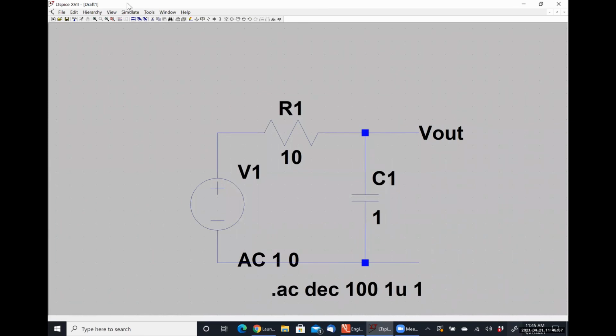Just drop this guy onto here and run. Circuit doesn't have a path to ground. All right, I forgot to include ground, so let me do that real quick. Actually, that'll work.